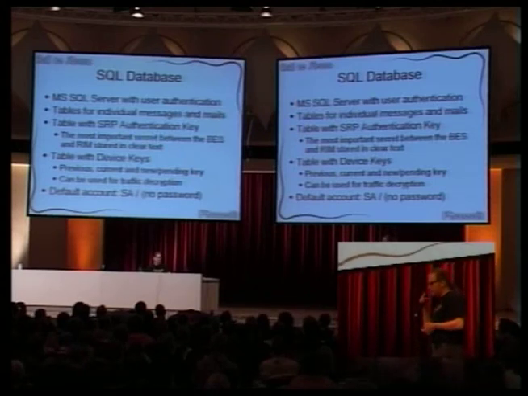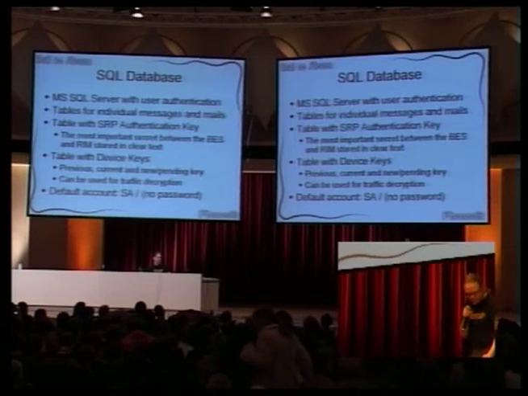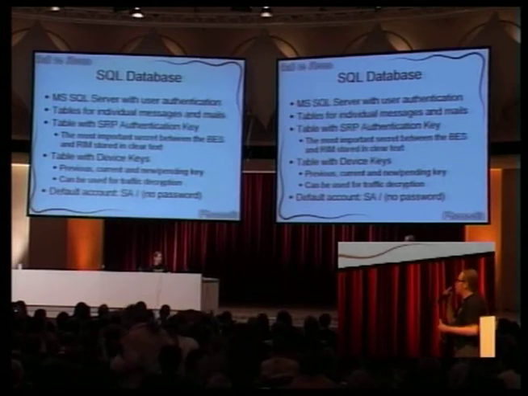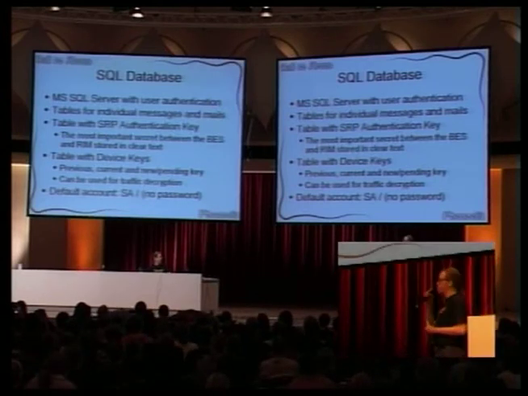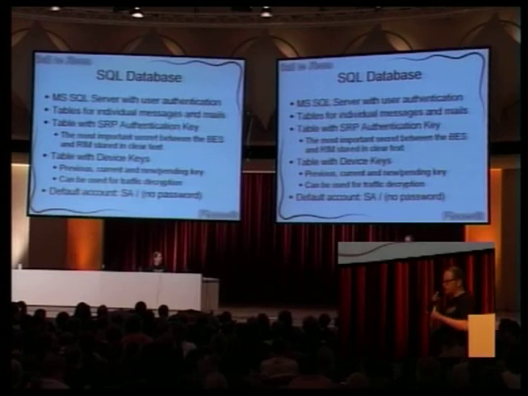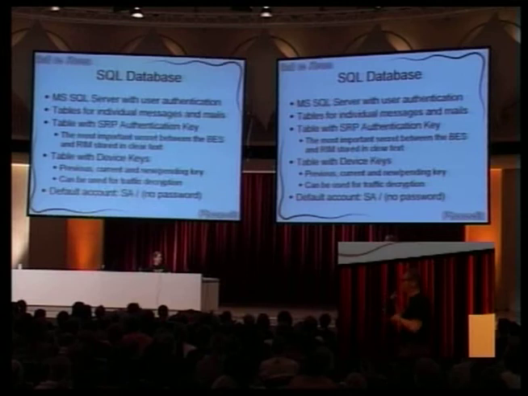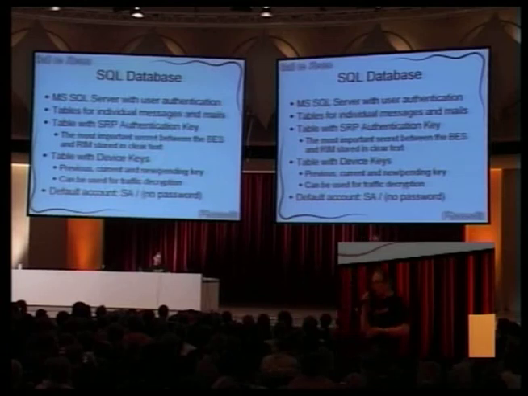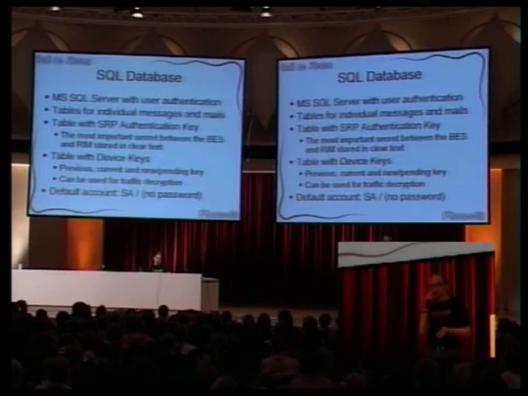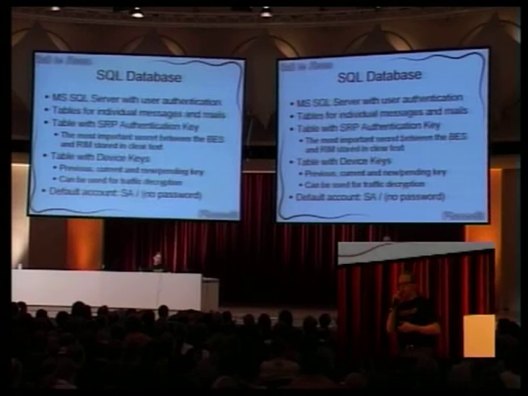We have tables for the individual messages and mails. They're just put into tables. But they also store all the keys in there. So if you have permission to connect to the SQL database because it sits right in the middle of your network, and you know how to enter no password, then you connect to your SQL server and basically do a table dump.